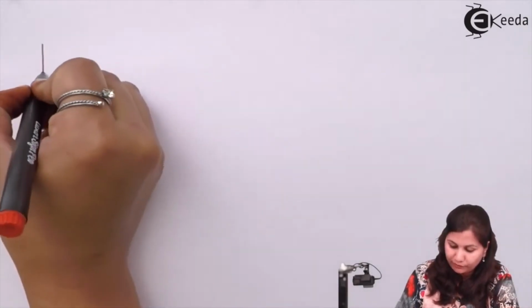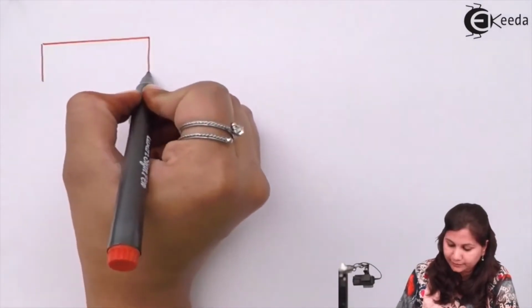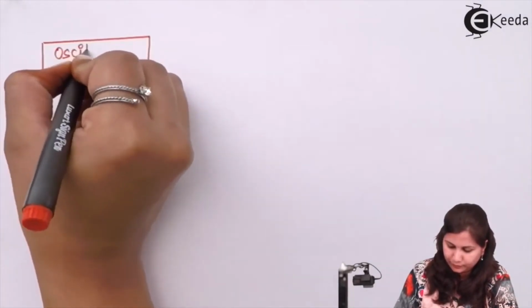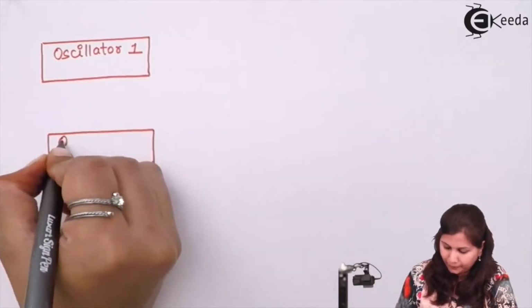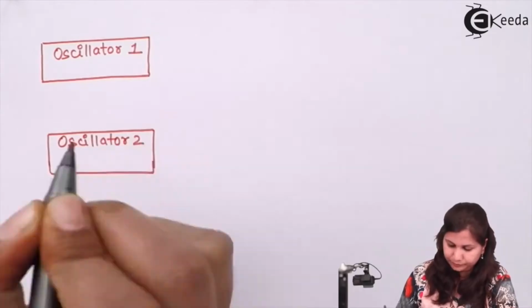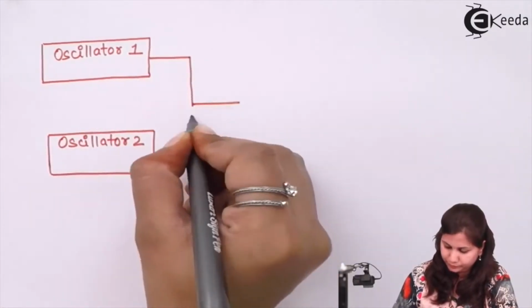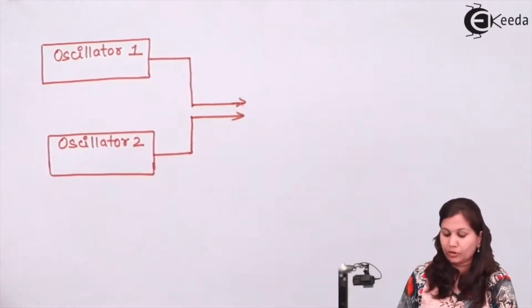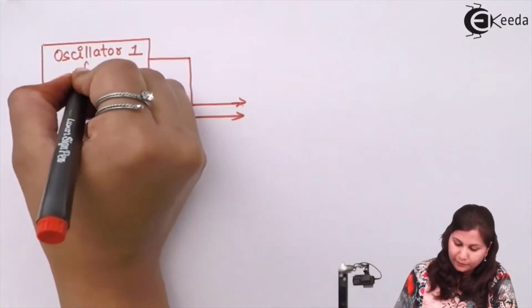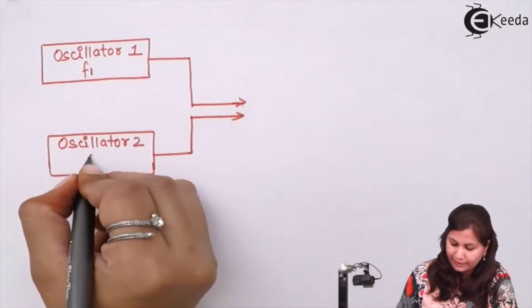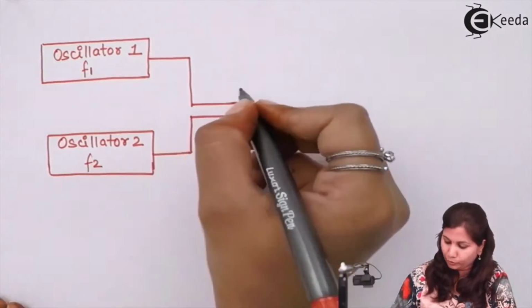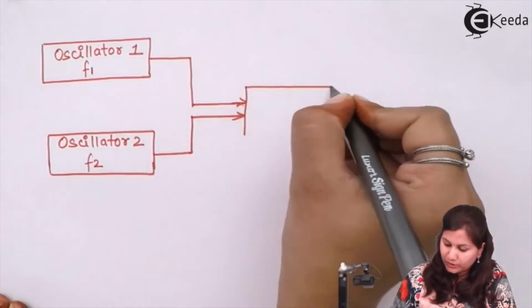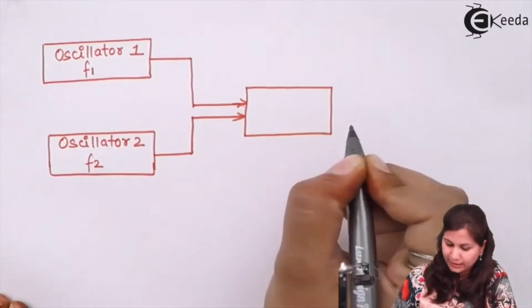So here also we will have two oscillators. Oscillator 1 is providing the signal of frequency f1 and oscillator 2 is providing the signal at frequency f2. Now the output of both these oscillators is given to the mixer and the filter.